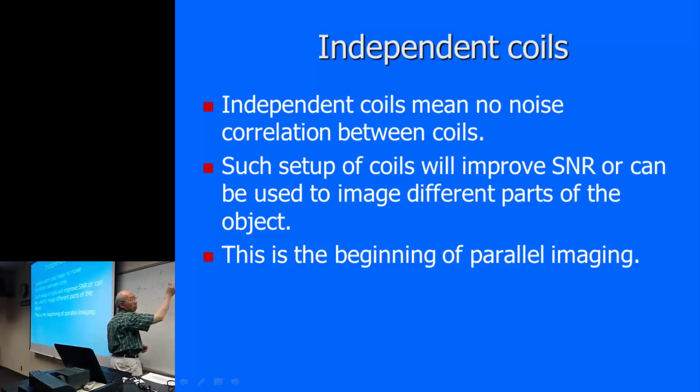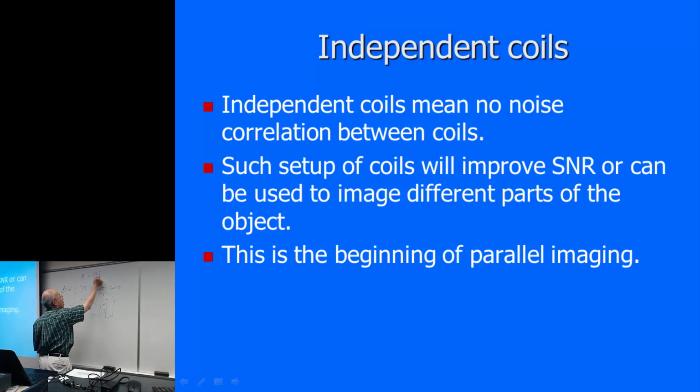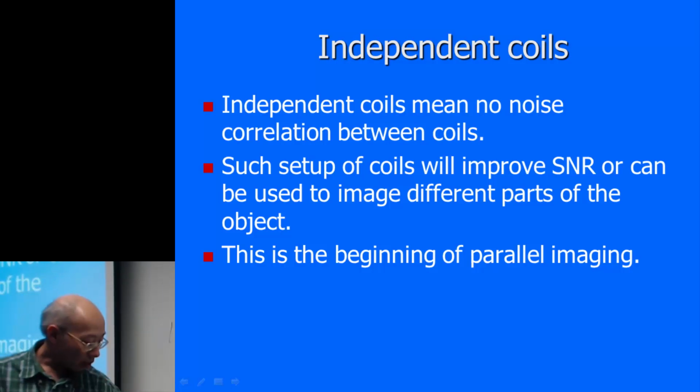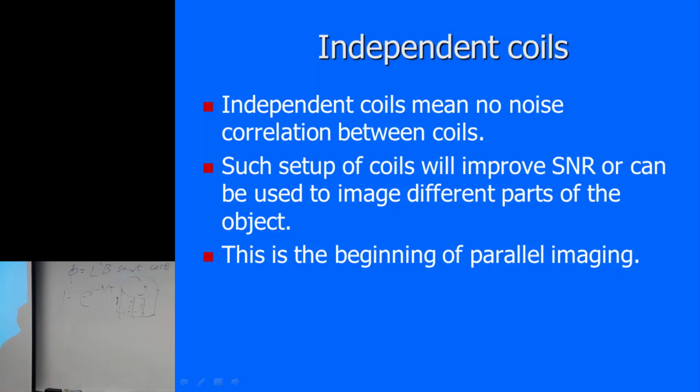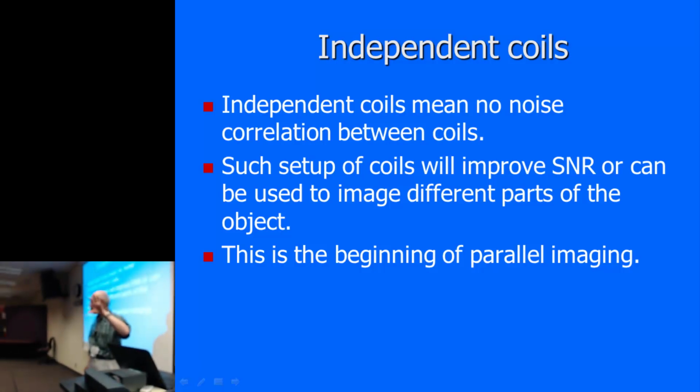I is the current, mu naught is the permeability of vacuum, and R is the radius of the coil. So the field at the center is inversely proportional to the radius of the coil. What does that mean? It means that if you have a bigger coil with the same current, the field at the center is going to be smaller.